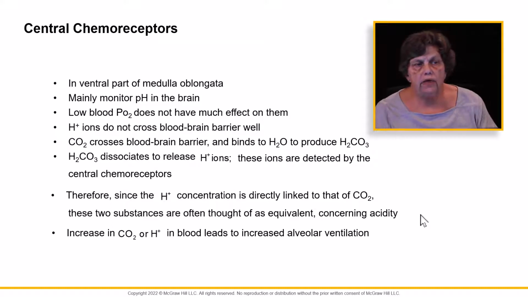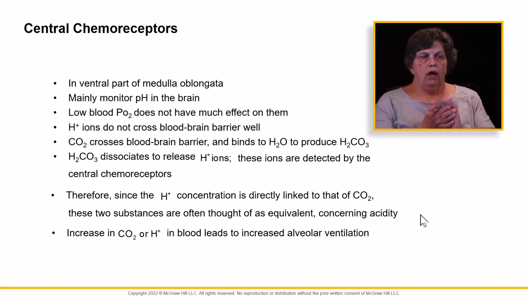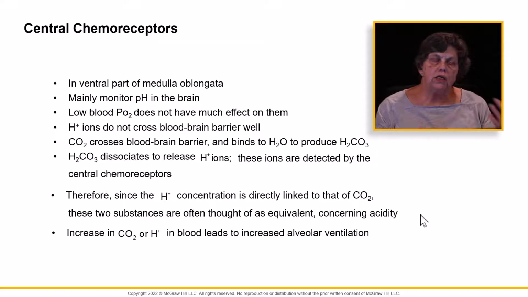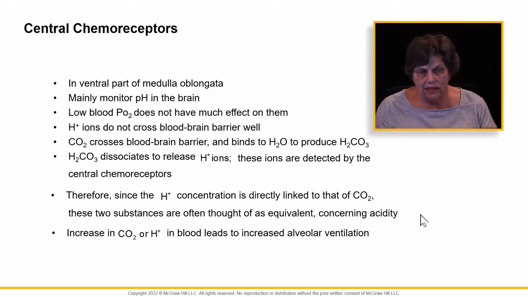So we do have chemoreceptors. They are in the medulla. They monitor pH in the brain. Low blood PO2 doesn't have much effect on them. Hydrogen ions don't cross, again, the blood-brain barrier very well. But CO2 does, and it binds to water to make carbonic acid.